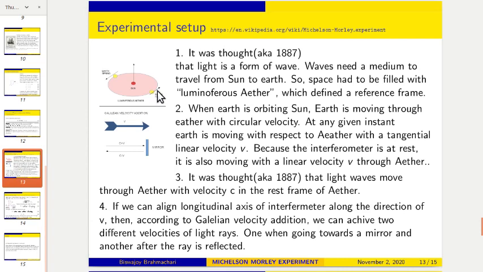So here, suppose the ether is also moving with the same velocity as the Earth's velocity. Then the velocity of Earth with respect to ether will be 0. So then we will not get a fringe shift. Because if ether and Earth by some chance have the same velocity, then there is no relative velocity between ether and Earth, so maybe you don't get a fringe shift.